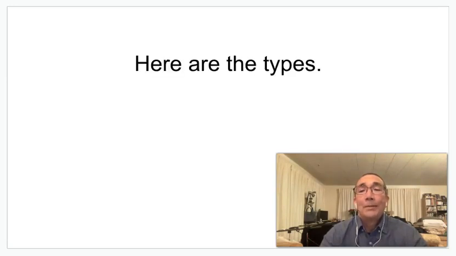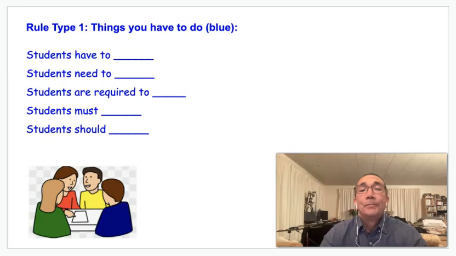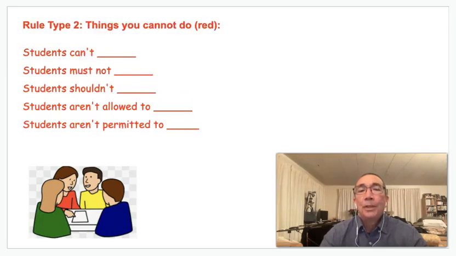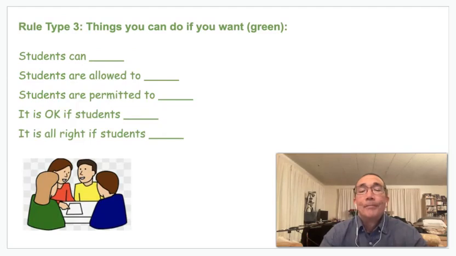Here are the types. Rule type 1, things you have to do. Rule type 2, things you cannot do. Rule type 3, things you can do if you want.